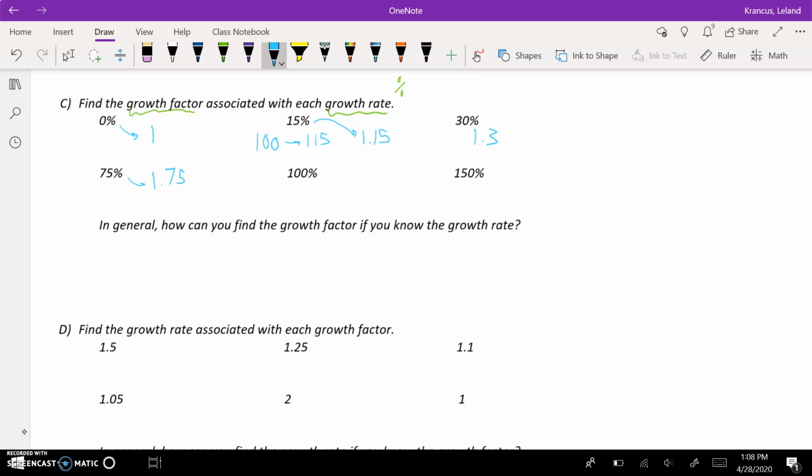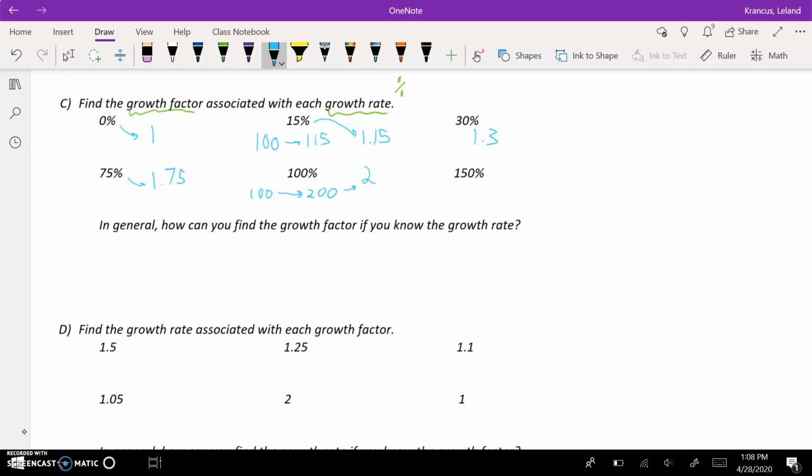100%, this is another one that 100% and 150%, they're both a little bit weird. So you have to think, if my $100 increased by 100%, so that basically it increases by its entire value, it would go up by another $100. So you have $200. And 200 divided by 100, that's a growth factor of 2.